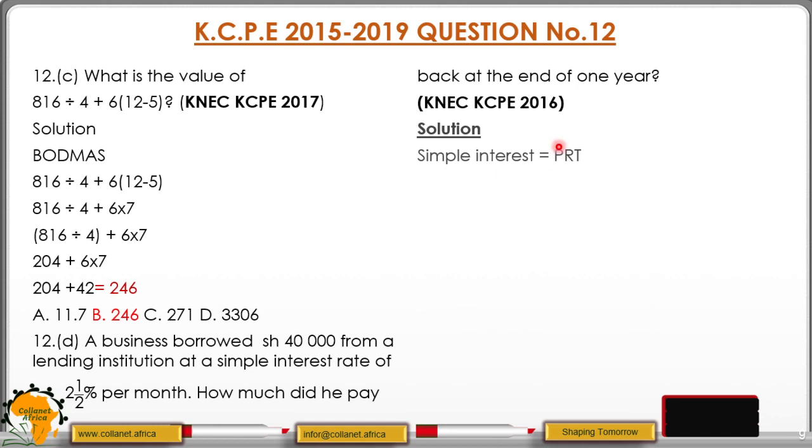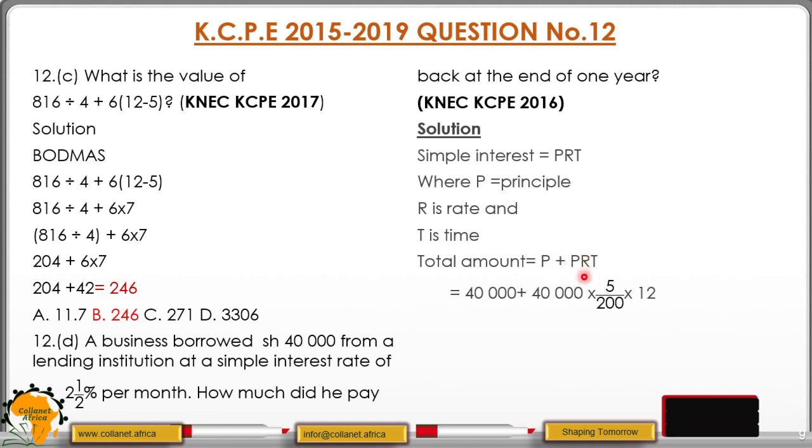Simple interest is PRT, meaning principal times rate times time, where P is the principal, R is the rate, and T is the time. So the total amount will be the principal plus the interest, which is given by PRT. Our principal is 40,000, then plus the interest.